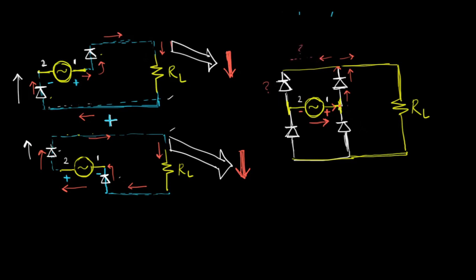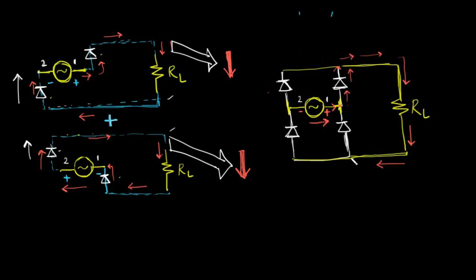It will not, because the diode does not allow current to pass in this direction, does not allow the current to pass downwards. So I will again erase this. So the current will go in the other direction. Okay, so the current goes in this direction and it passes through the resistor here, and it comes back.